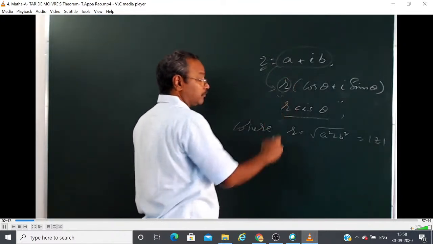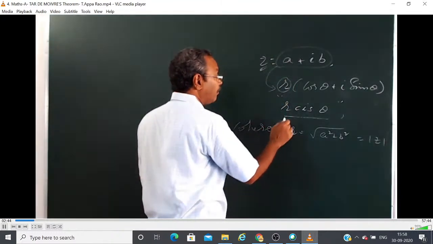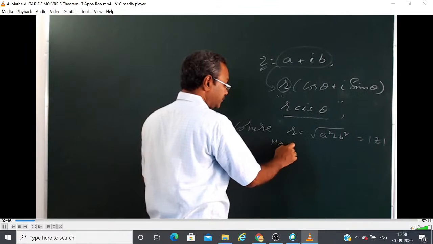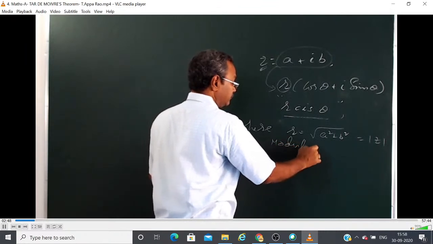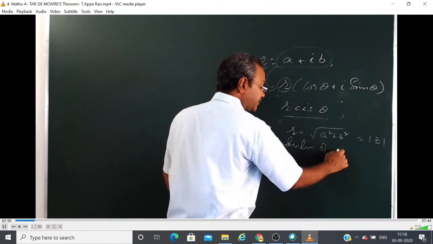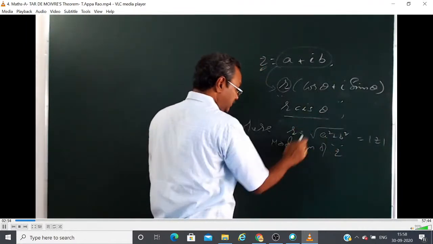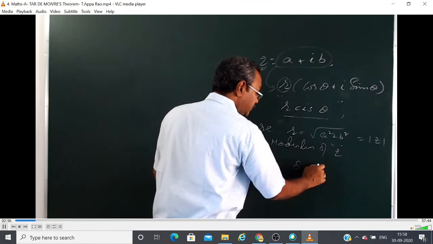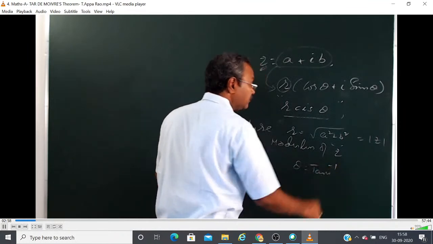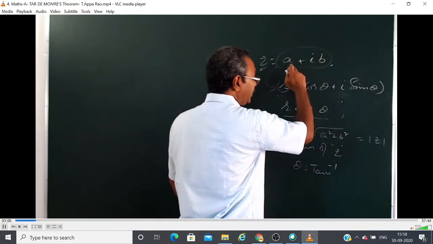R is the modulus of the complex number z. And this theta is tan inverse b by a.